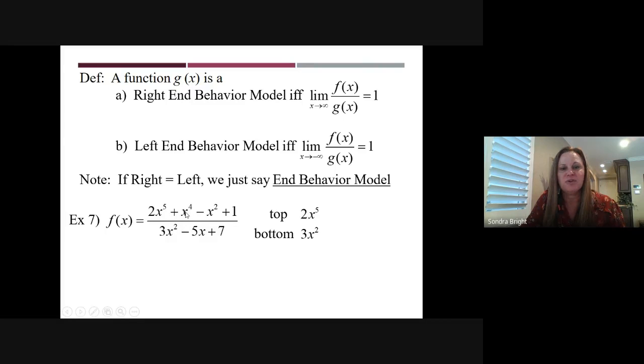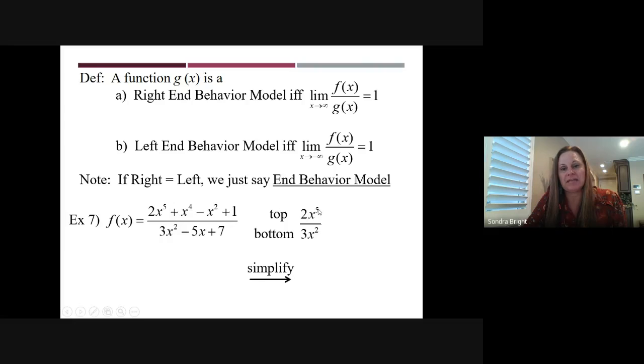All right, so you get to ignore all the rest of this nonsense, right? Because as we're going to infinity, like you saw on example 4, it just ended up being the leading coefficients. So when we divide this and simplify it, the 2 and the 3 will stay, but x to the fifth over x squared, you can simplify that.